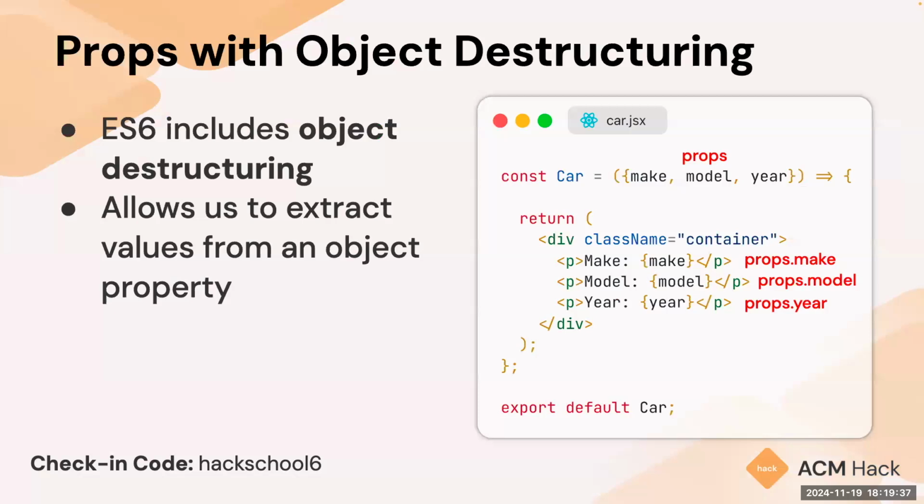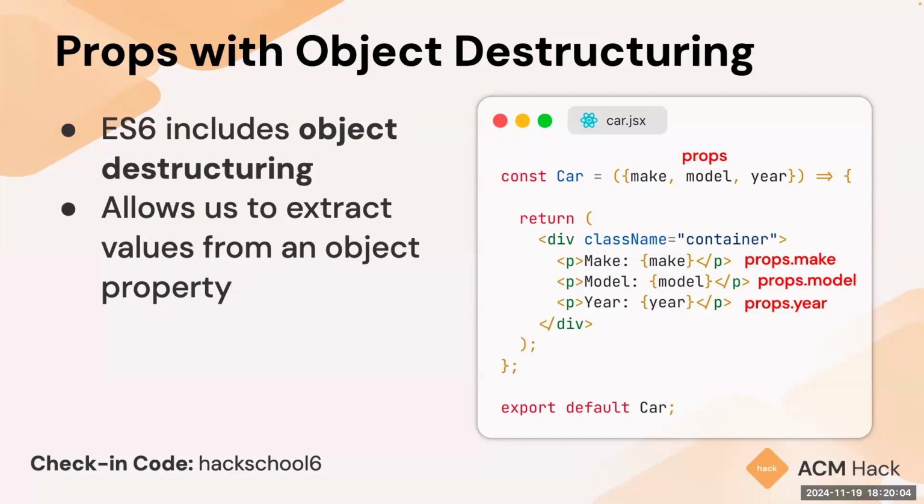And then some other thing you can do with props is, it's a little more work for you to keep putting props.make and props.model. So you can use the advantage of JavaScript ES6, which includes object destructuring. So instead of putting props, you can just put the brackets directly in there with all of your different props or parameters, like make, model here.